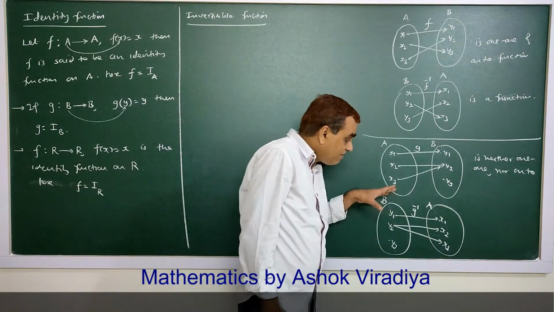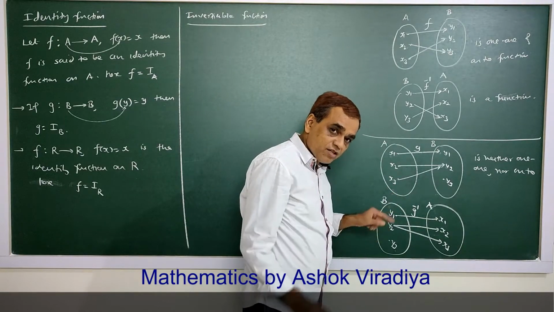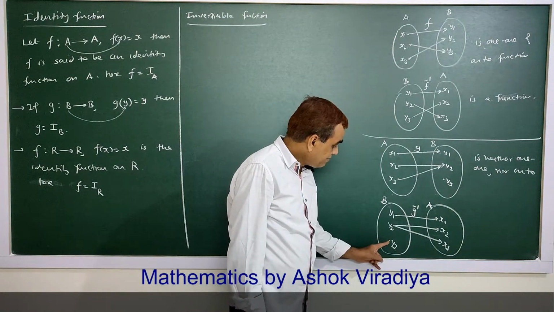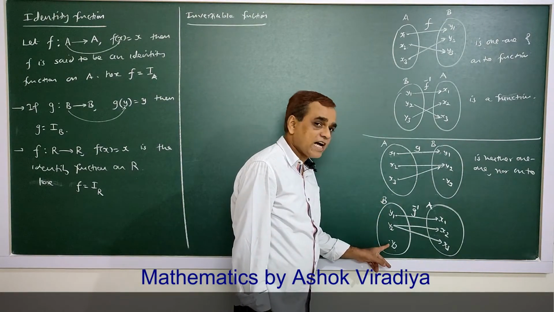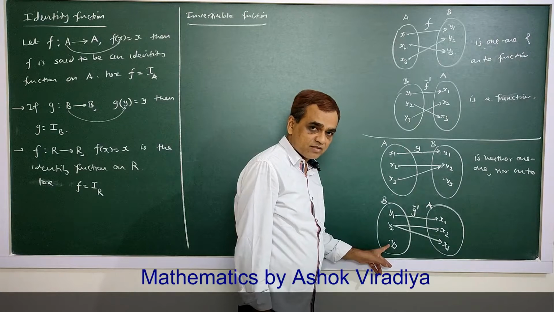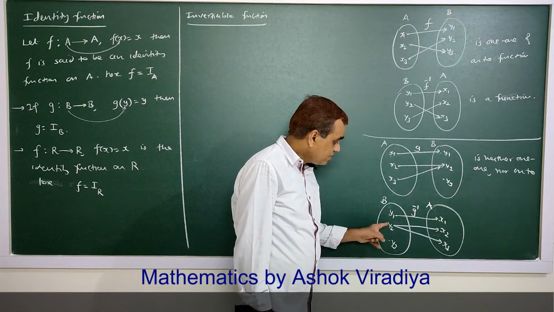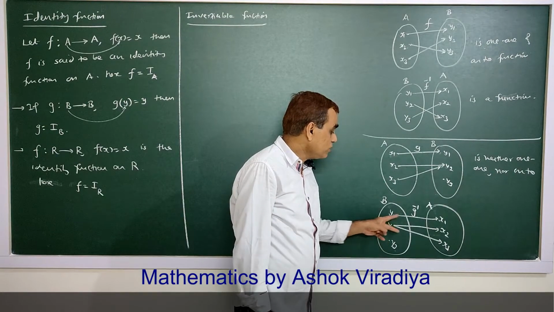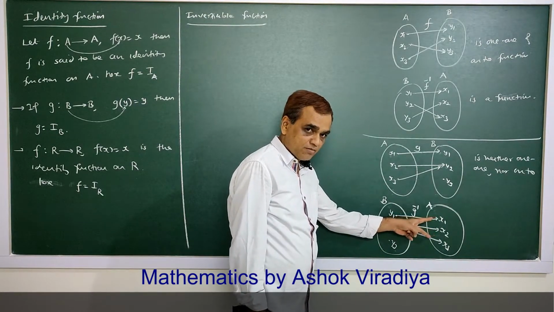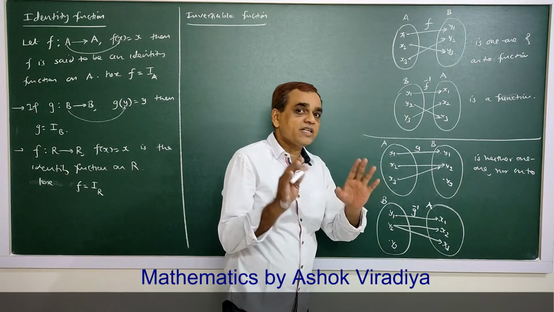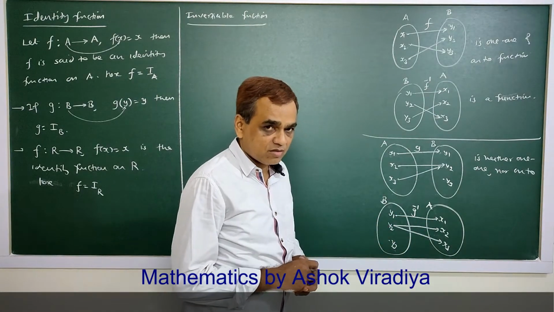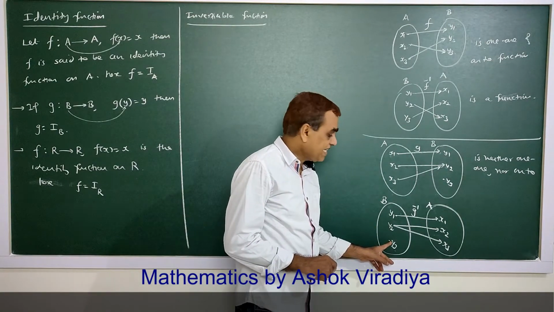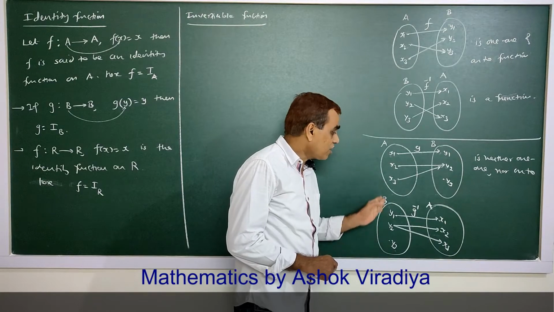Is this relation a function? So answer is no, because every element of the first set is not associated, as well as this is not related uniquely. y2 has two images. Because this element has two images, it is not a function. y3 is also not associated with any element, so this is not a function.